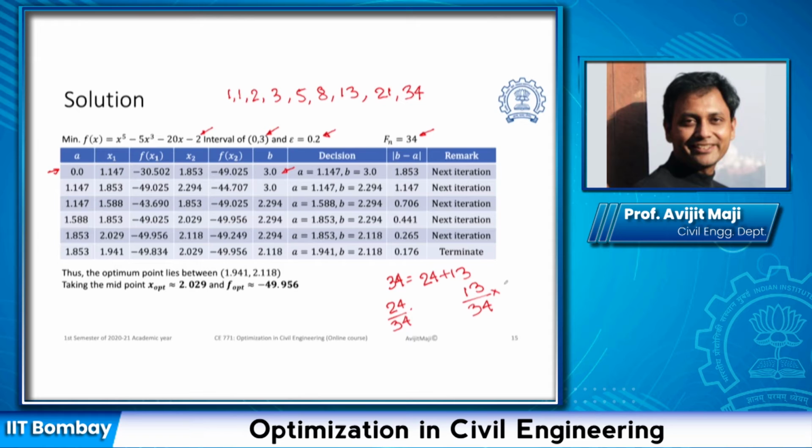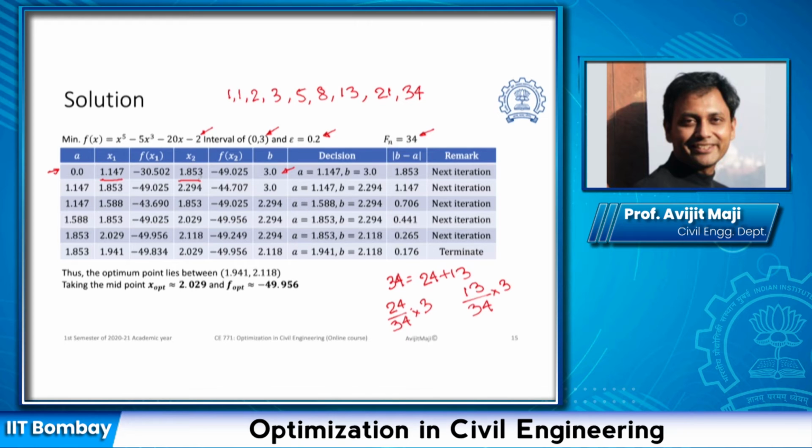The initial distance between the upper and lower bound is 3. Here it is also 3. So these two distances are going to yield me the 2 points, which are 1.147 and 1.853.